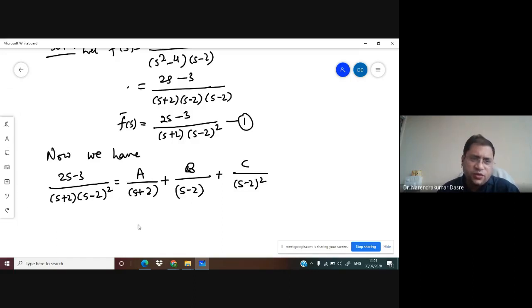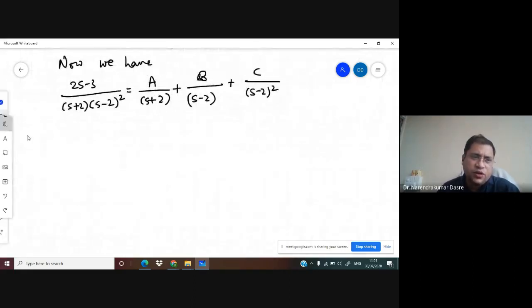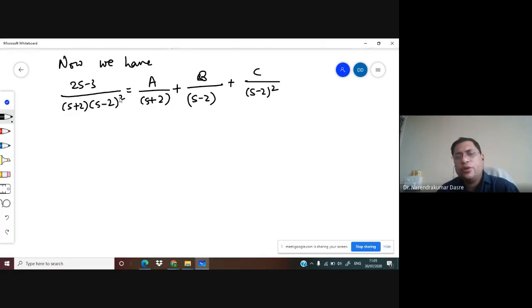As I have told you, if you are comfortable with the concept of LCM, then it's good. If you are not comfortable with LCM, then just take this denominator and multiply on the right hand side. So you get 2s minus 3 is equal to a into (s minus 2) bracket square, since s plus 2 gets cancelled.